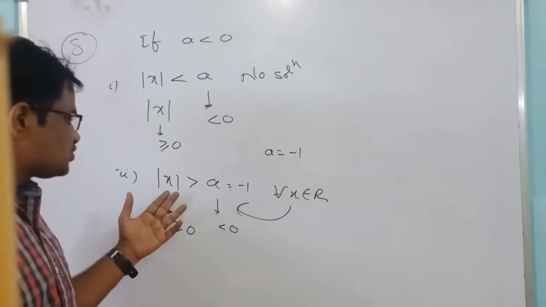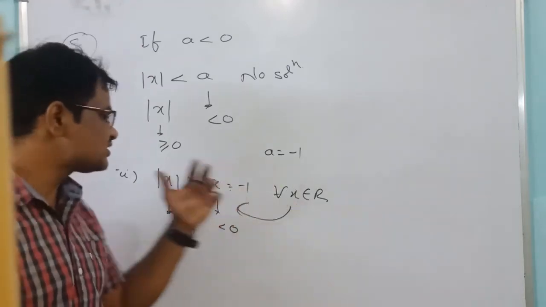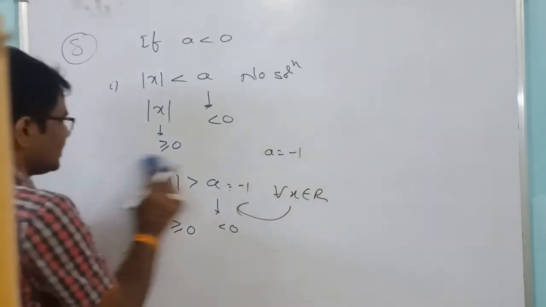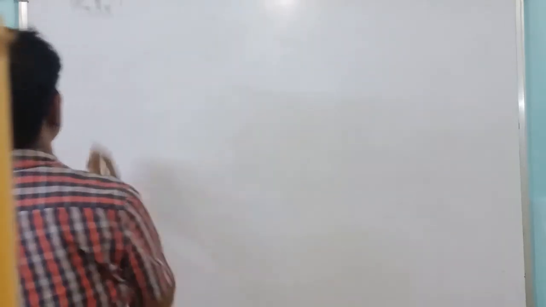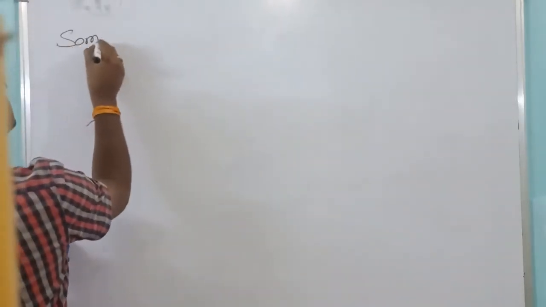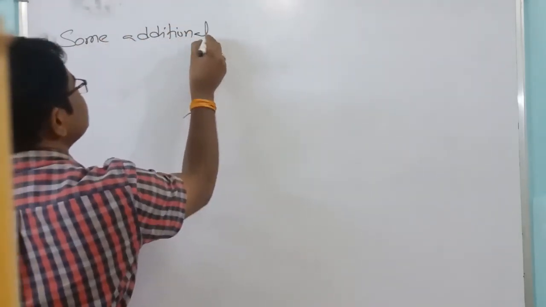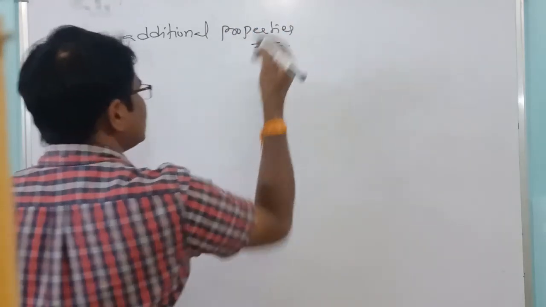And here positive value always greater than what? Negative values. Means for all x belongs to real number, it is what? Exist. Right. Next. Some additional properties are there. That one also we have to discuss. These are important ones.